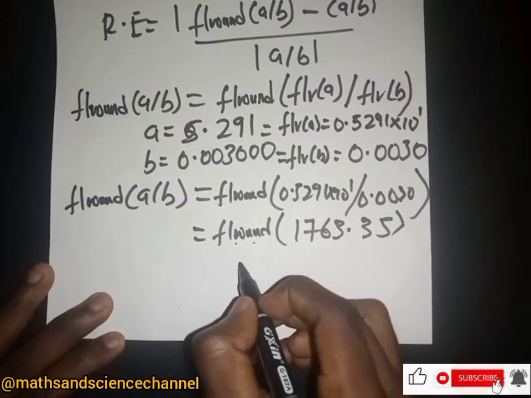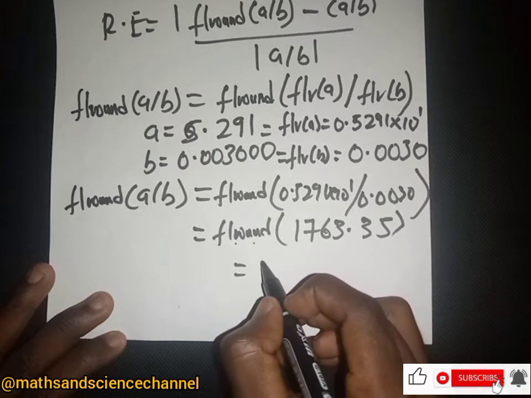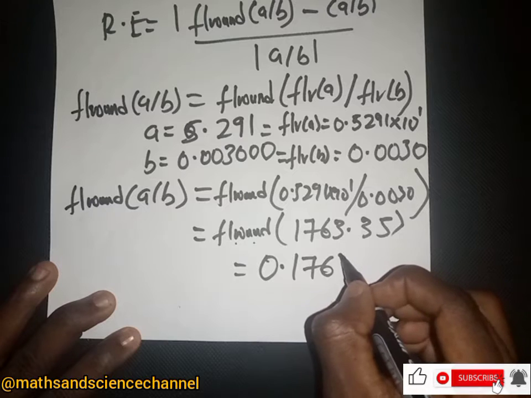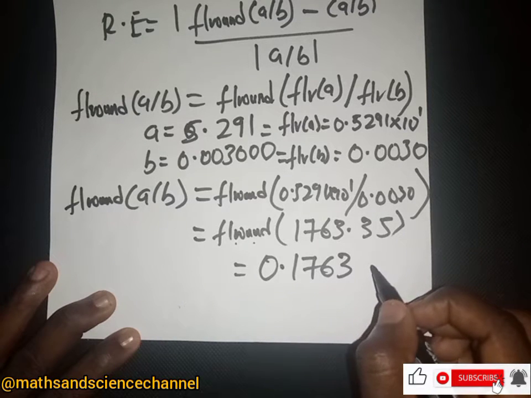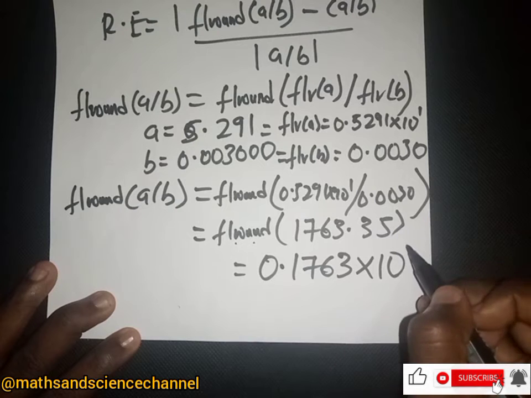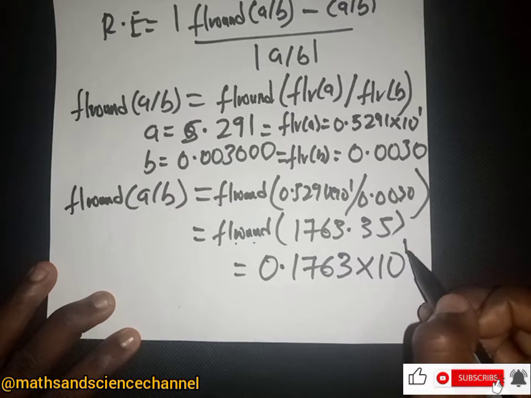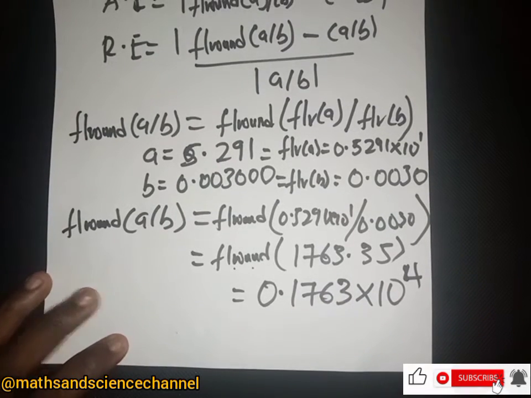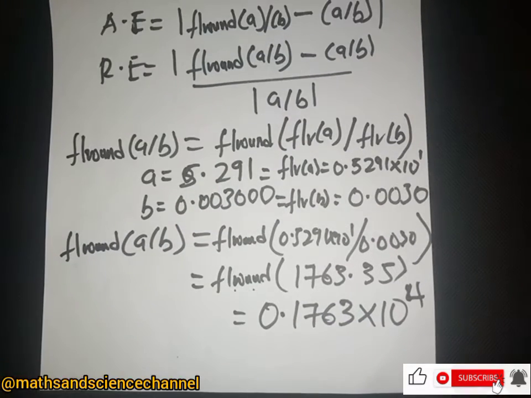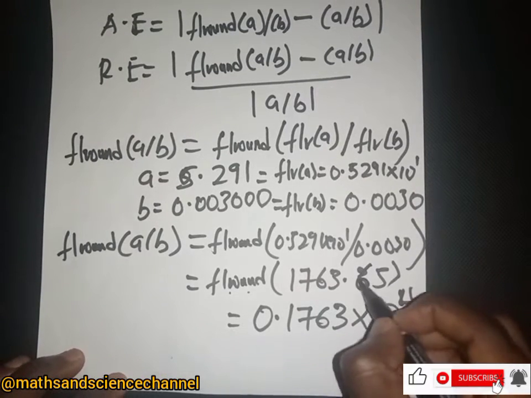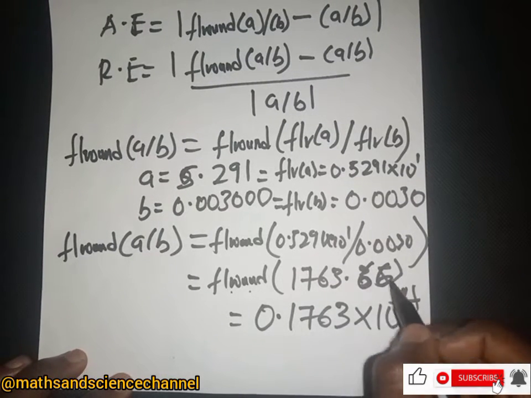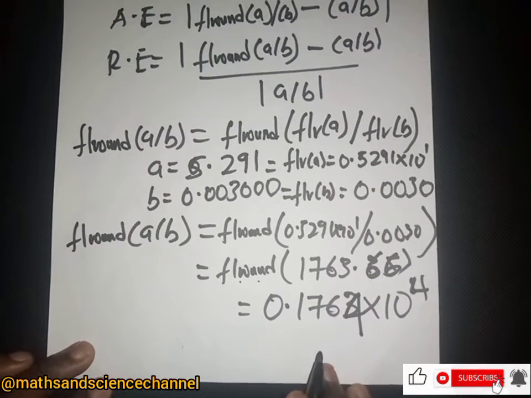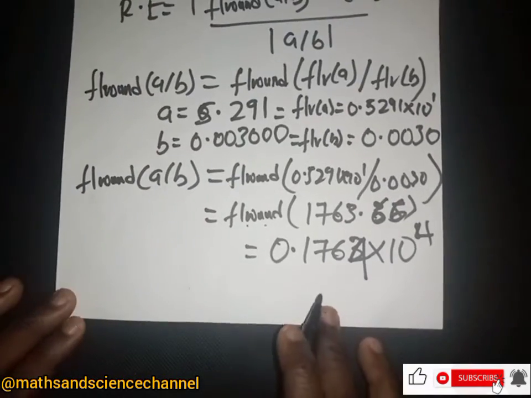Rounding to 4 digits, we have 0.1763 times 10 to the power 4, and the next digit is 6, so when we round it, we get 0.1764 times 10 to the power 4.